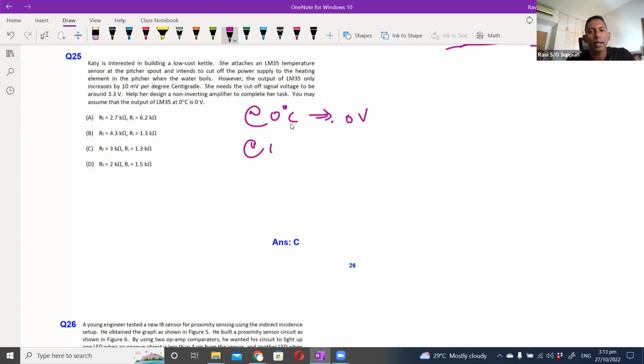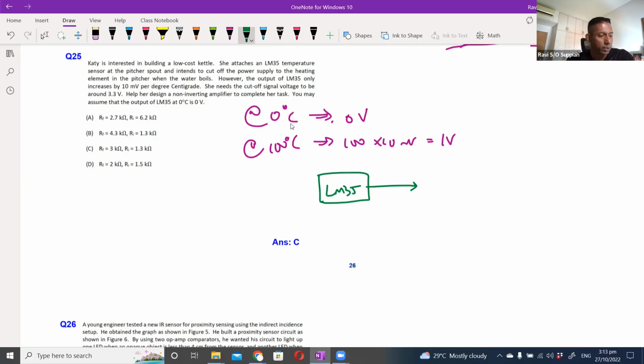That means when I hit 100 degrees Celsius, it will be 100 times 10 millivolt, which equals 1 volt. So as far as my LM35 is concerned, what I want to detect is 100 degrees Celsius, and at 100 degrees Celsius, I will output a value of 1 volt.